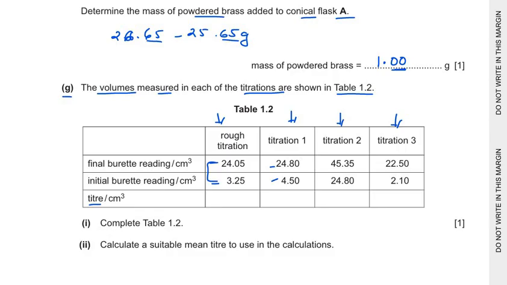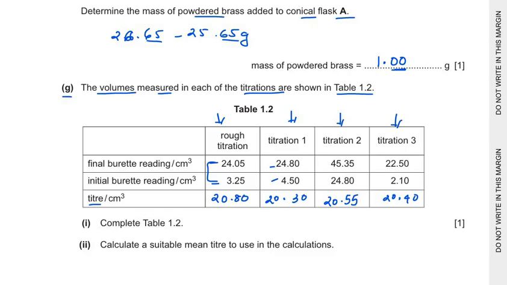So here we have 20.80, then we have 20.30, next after subtraction we have 20.55, and then we have 20.40. So this is the volume which we get after subtraction of these two readings.